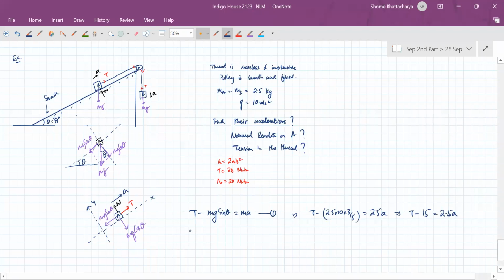And along the other direction, we have normal reaction balances mg cos theta. So this will tell us that normal reaction is equal to 2.5 into 10 into 4 by 5.